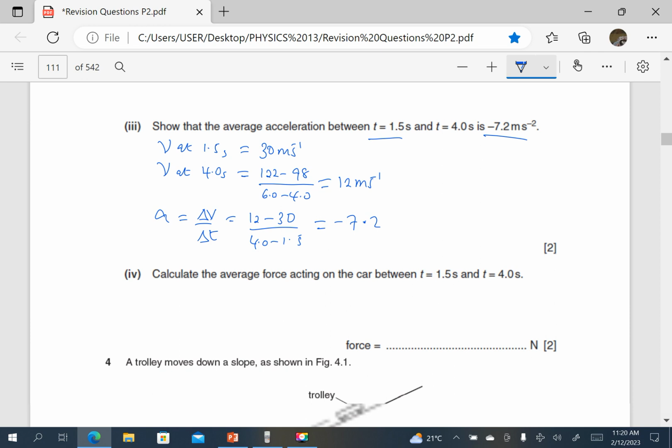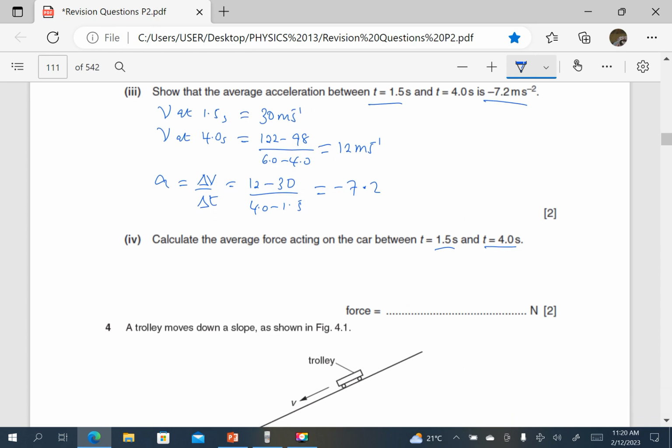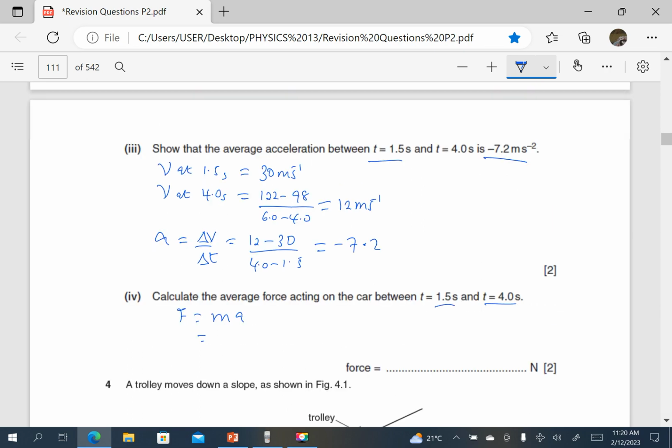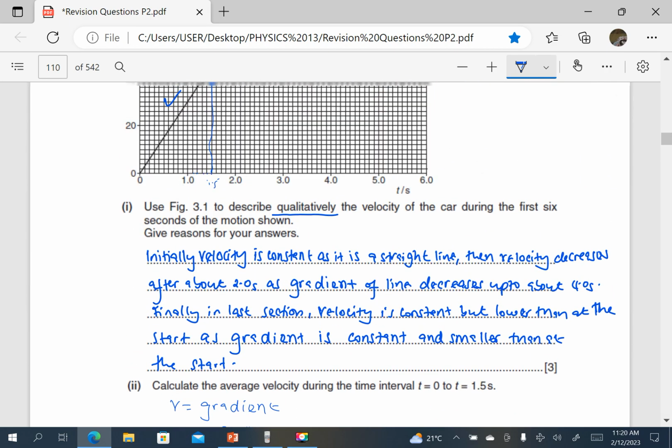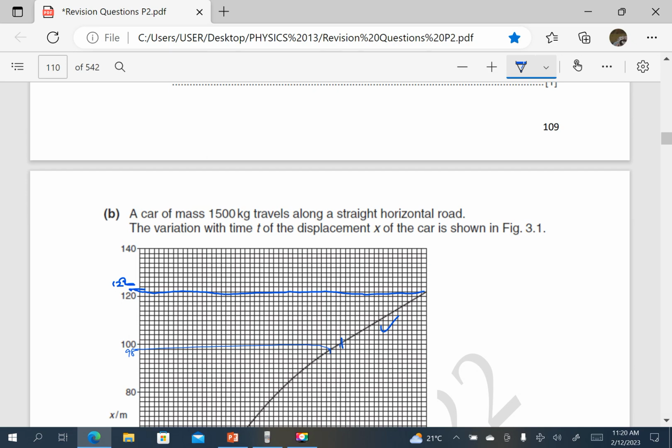Calculate the average force acting on the car between t equals 1.5 and t equals 4.0. We have got the velocity, the acceleration is negative 7.2. So force is equal to mass times the acceleration. The mass was, I think, 1,500.